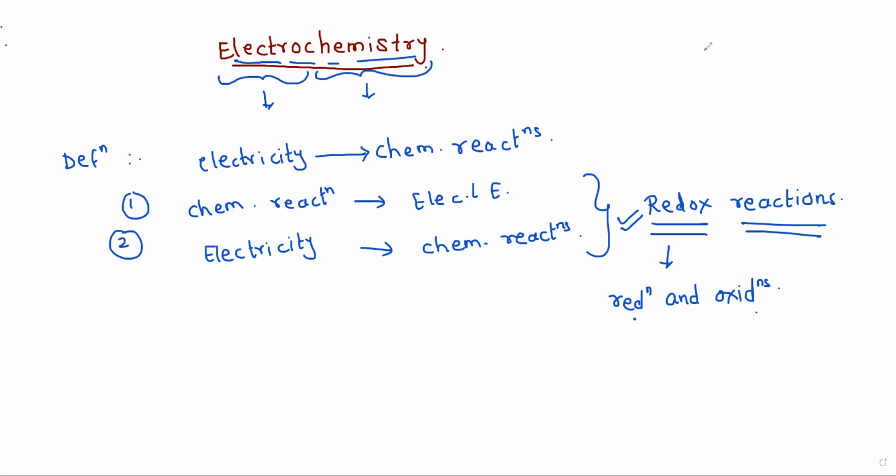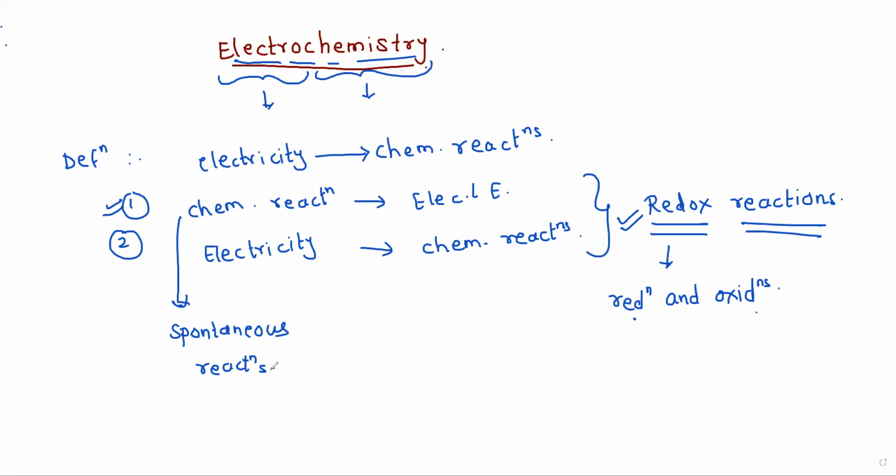Now let's see further. A very important point: spontaneous reaction and non-spontaneous reaction. The first, that is chemical reaction to electrical energy or electricity, is a spontaneous reaction. What is a spontaneous reaction? Reactions which do not need any extra force are called spontaneous reactions.